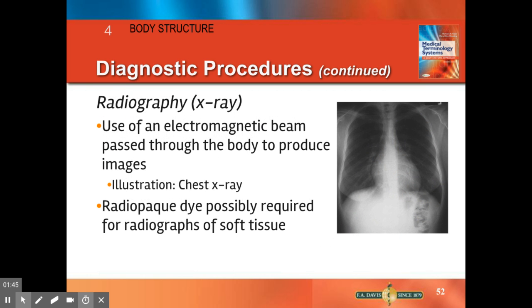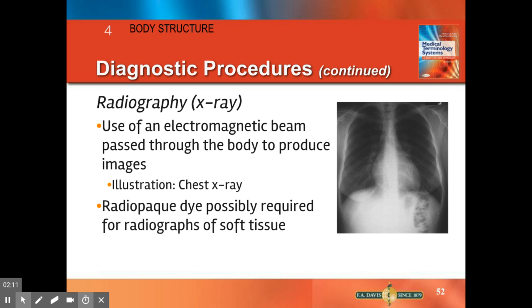Radiography, radio is what we consider our radiology or our X-ray procedure in the hospital. What you see there on the right is a chest X-ray, and it's the use of electromagnetic beams or radioactive beams that pass through the body and produce an image.